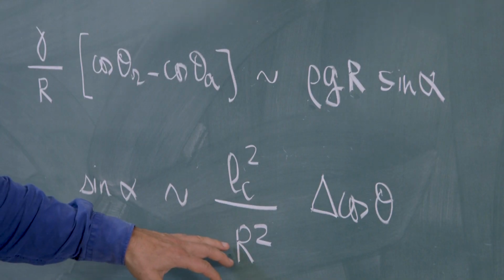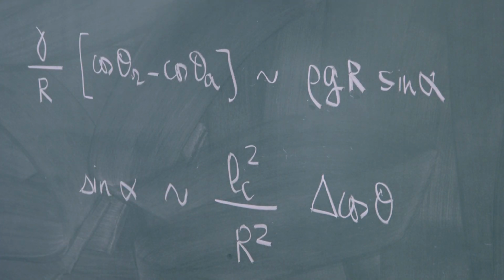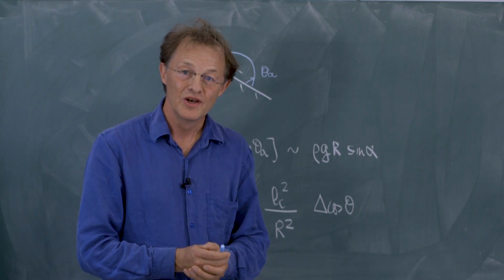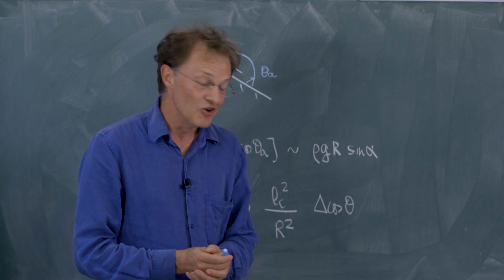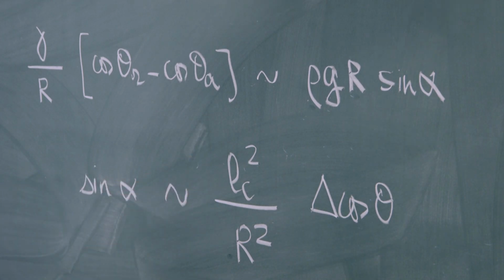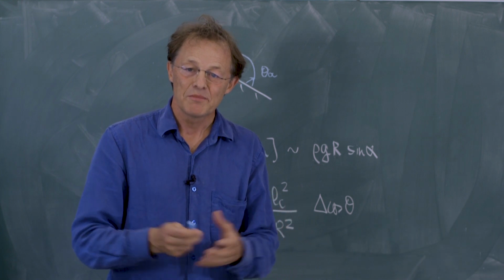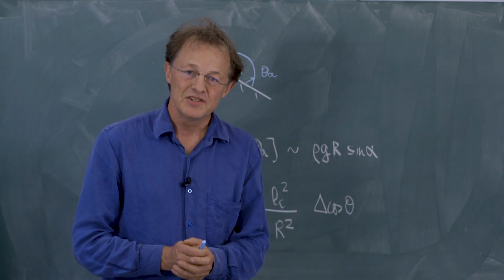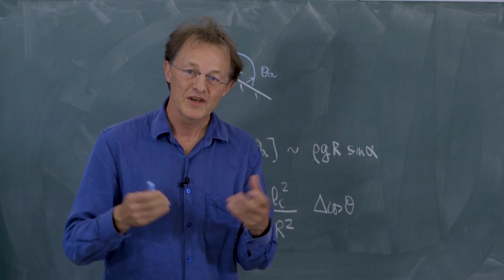If now R becomes large compared to the capillary length, then there is always an angle, which can even become very small, for which we'll observe the motion of the liquid. So we understand the physical meaning of this typical length, the capillary length. It is the length above which, very generally, gravity effects will dominate surface tension effects.